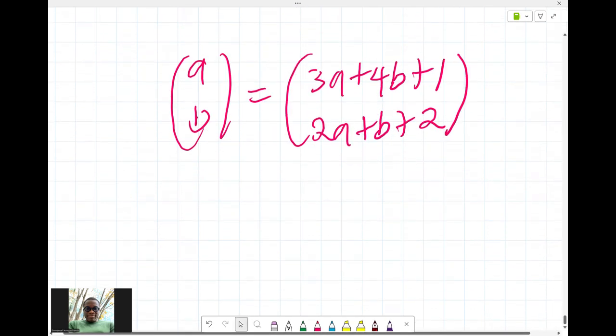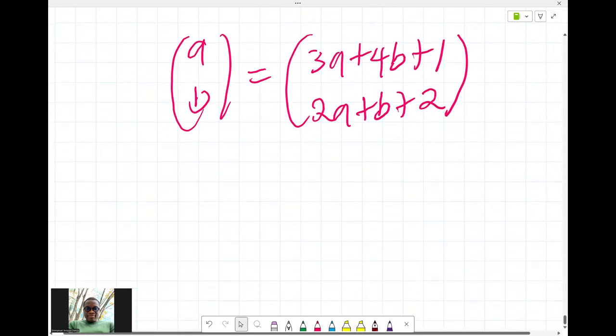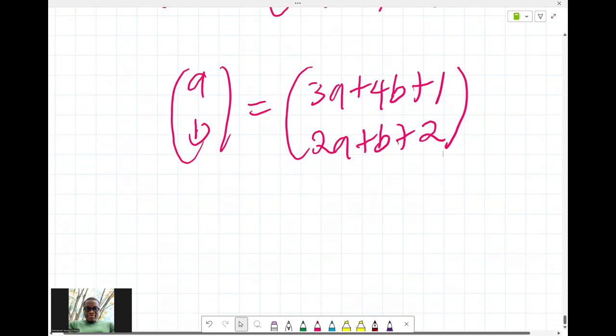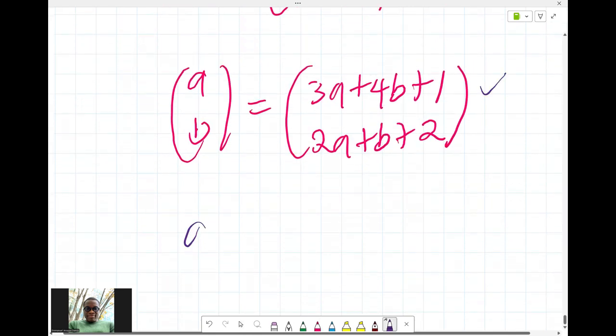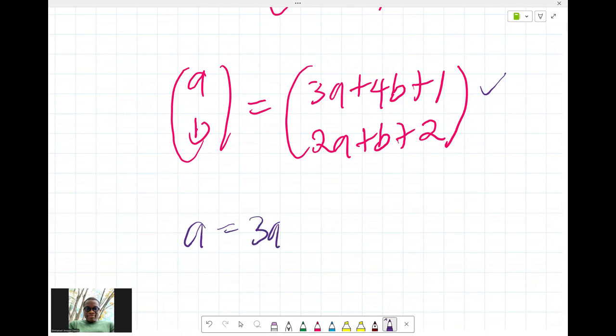So we have to begin to solve. For the first one, we have a equals 3a plus 4b plus 1.